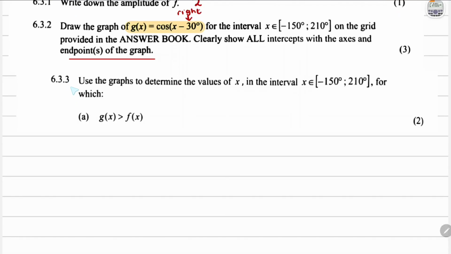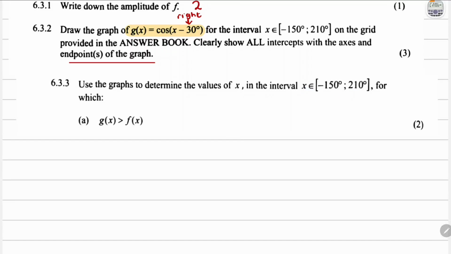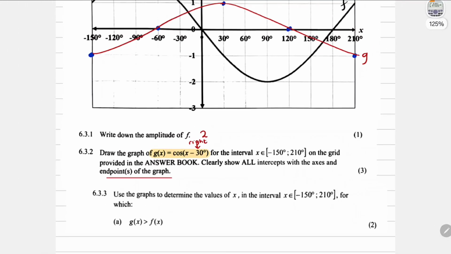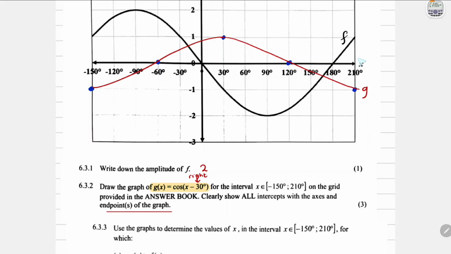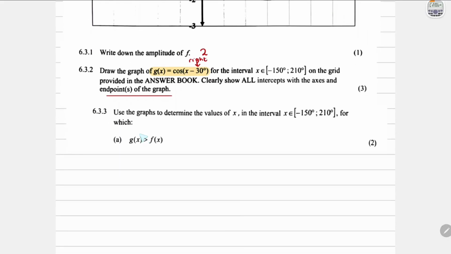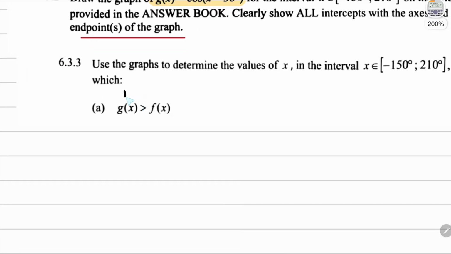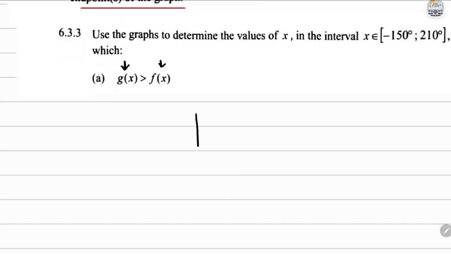The next question, 6.3.3, says, use the graphs to determine the values of x in the interval where x is an element of negative 150 to 210 degrees. So it's still the same graph in that same interval for which g of x is greater than f of x. Remember that these are referring to the y values. When you're looking at two graphs and you're concentrating on their y values, they appear on the y-axis.